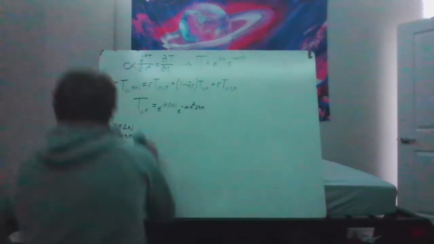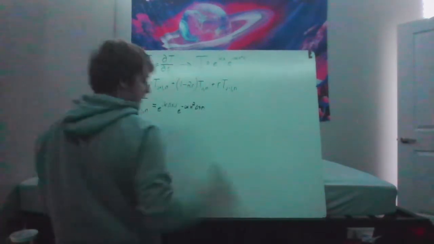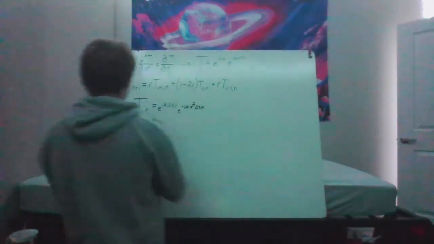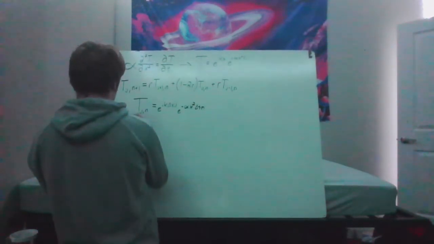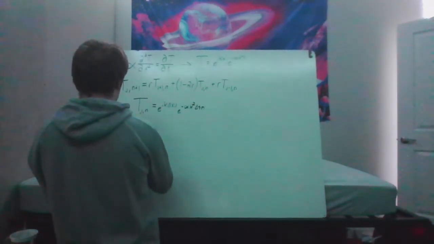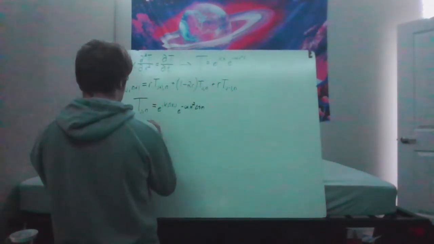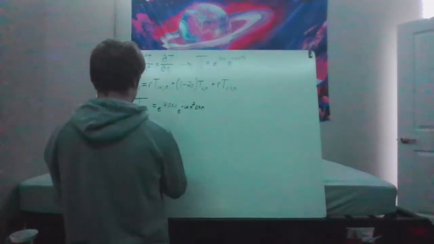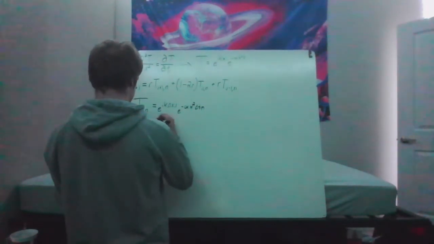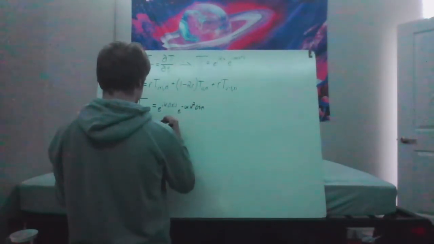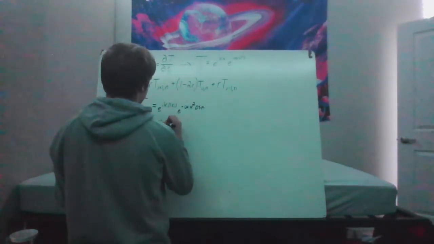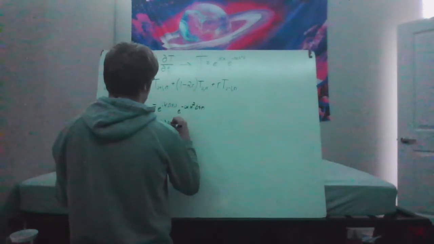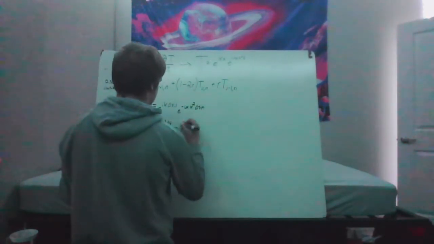So I'm going to erase this little thing we had here, and then we will start with t sub j plus 1 comma n. And so obviously it will just be basically the same thing, but we will just have a j plus 1 here. And then this will all be the same.